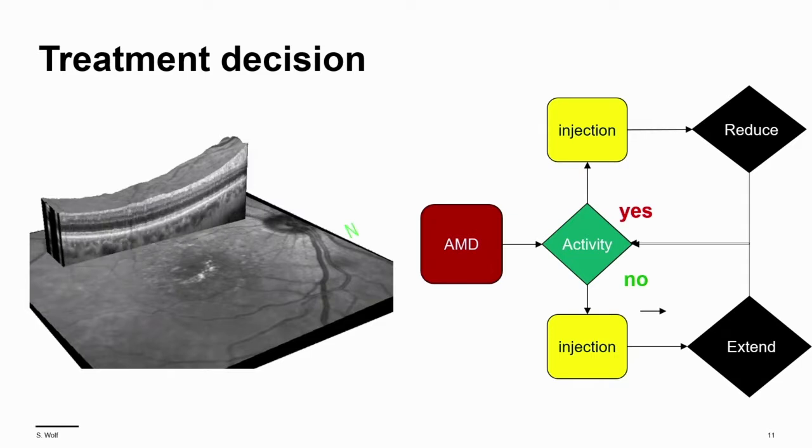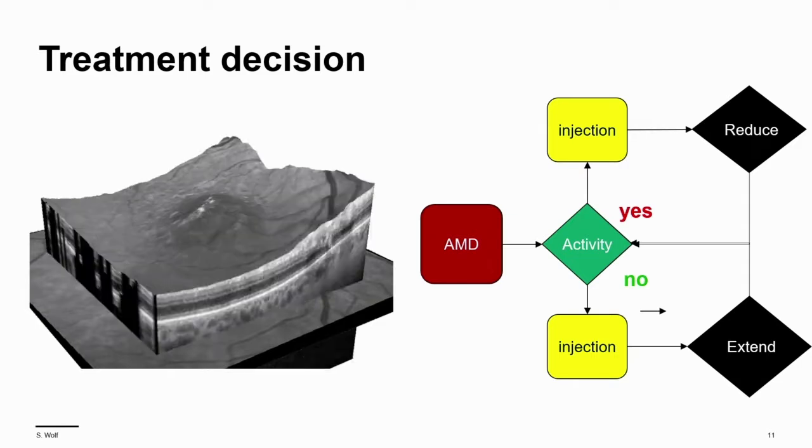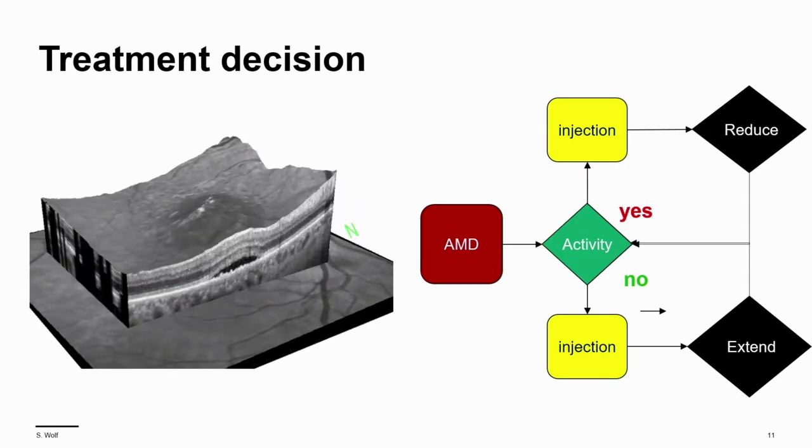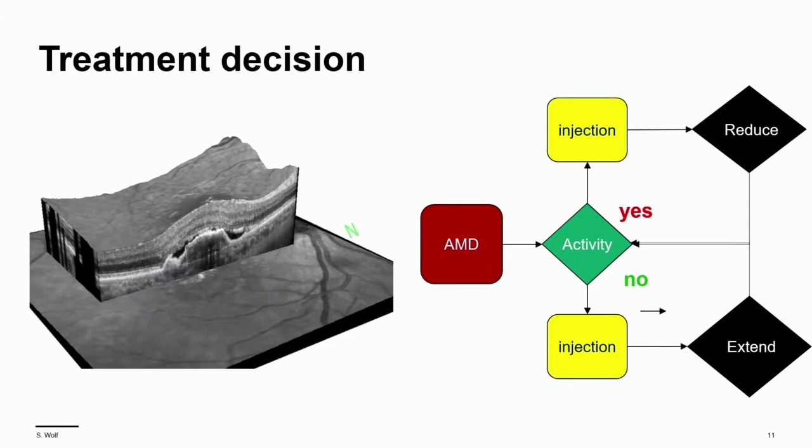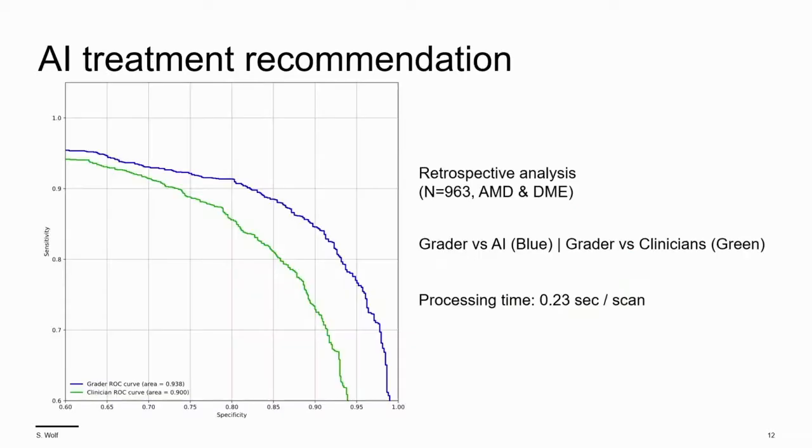Next, we thought, could we use AI to support treatment decisions? As you know, mostly treatment decisions are based on the presence of fluid or activity in the eye. We applied this in a retrospective analysis to 960 eyes, either with AMD or diabetic macular edema. First, we compared a trained reading center grader with a variety of clinicians, and this is the green curve.